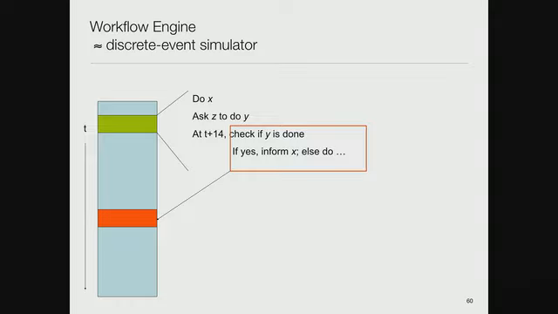sounds like what we really need is a workflow engine that's approximately a discrete event simulator. So has anybody built a discrete event simulator in this class? I mean, it's a fairly standard sort of programming problem, and it's useful in simulating all kinds of things that involve discrete events. And the idea is that you have a timeline, and you run down the timeline, and you execute the next activity that comes up.